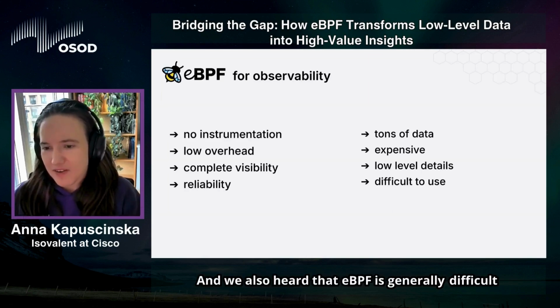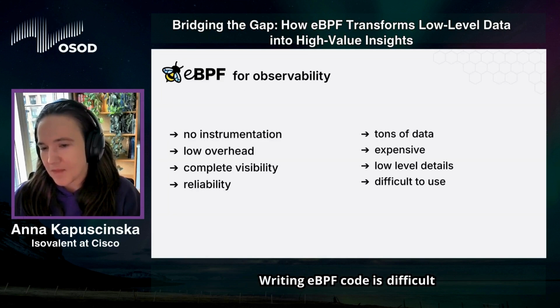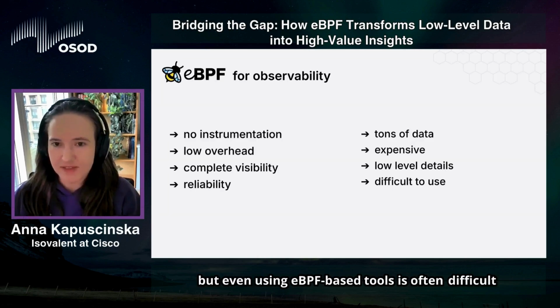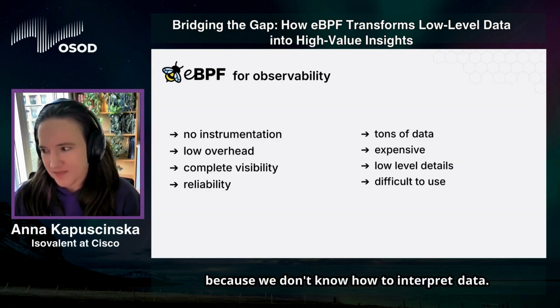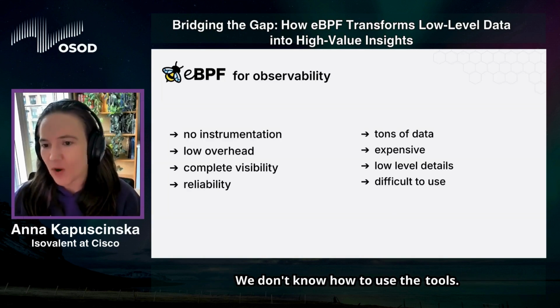And we also heard that eBPF is generally difficult to use. Writing eBPF code is difficult, but even using eBPF-based tools is often difficult because we don't know how to interpret the data. We don't know how to use the tools.